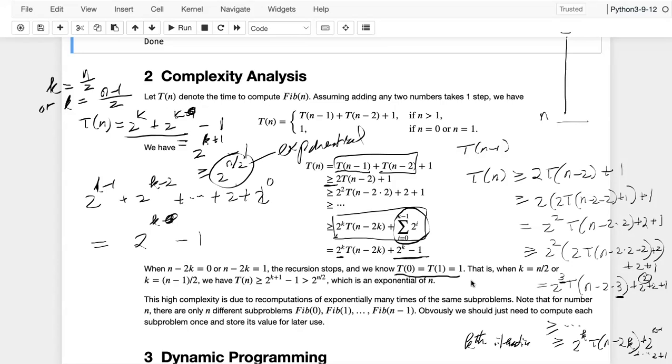So roughly, it should be exponential. But this is a lower bound, so we get down to the lower bound, and hence we know that direct recursion is not efficient.